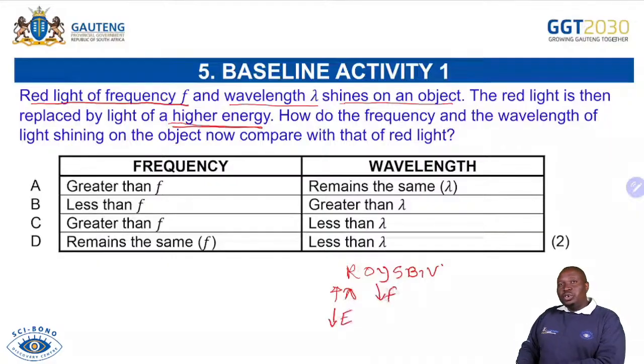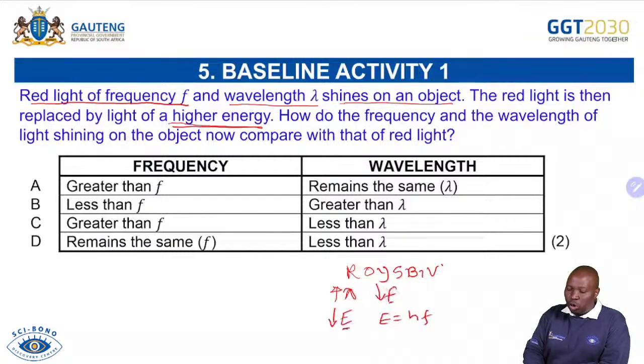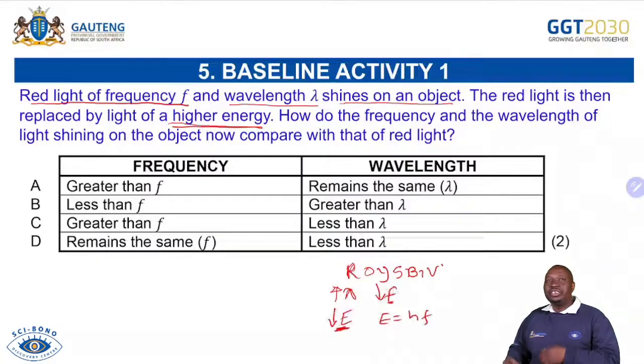From the formula E equals hf, the energy of a photon and frequency are directly proportional. So if you have a lower frequency, you have a lower energy. You will see that red is the one with the lowest energy.